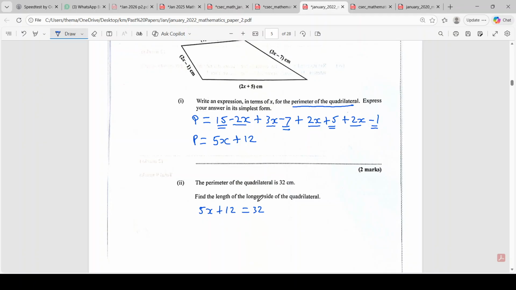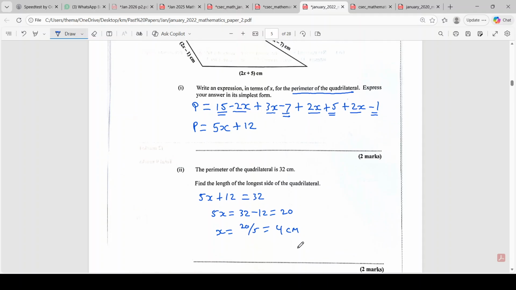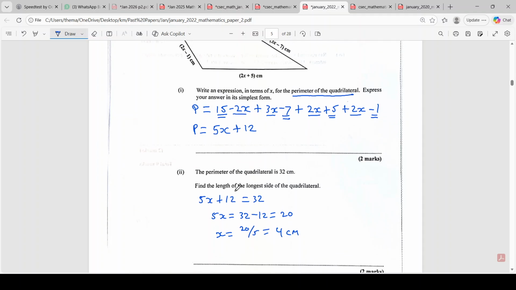So this plus 12, when it goes across, will become minus: 32 minus 12, which will be 20, and 5x is equal to 20, so x will be 20 over 5, which will be 4 centimeters. Right, so x is 4 centimeters, but the question didn't finish there. They ask us to find the length of the longest side.